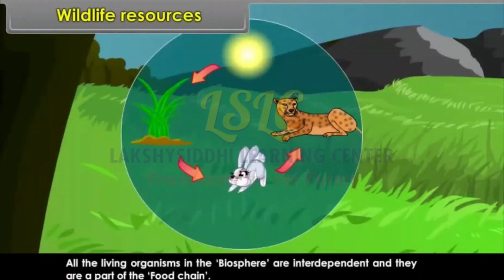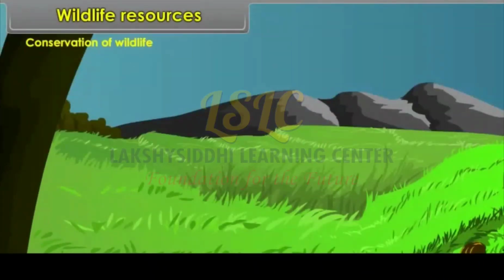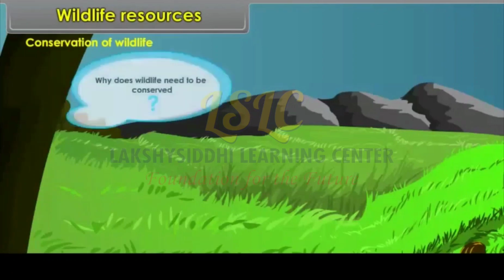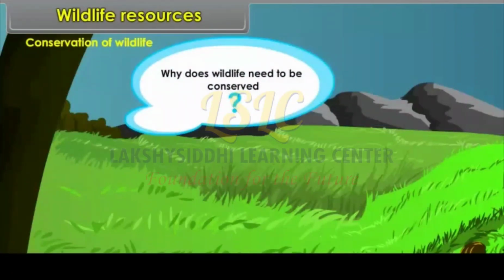All the living organisms in the biosphere are interdependent and they are a part of the food chain. Conservation of wildlife. Why does wildlife need to be conserved?